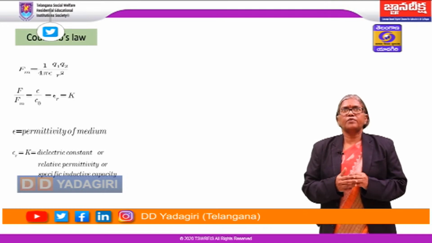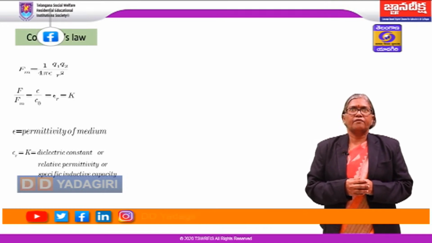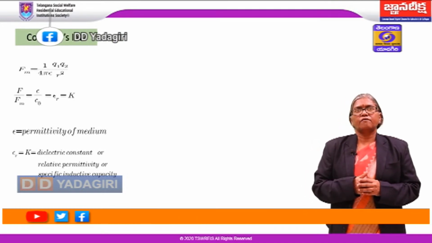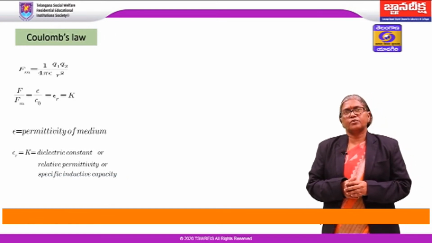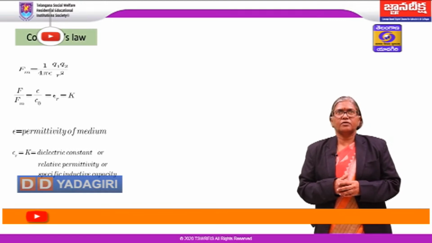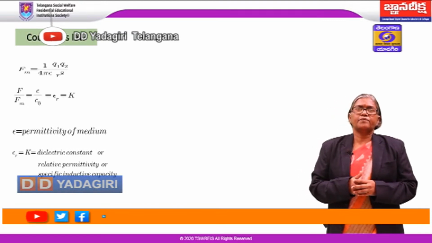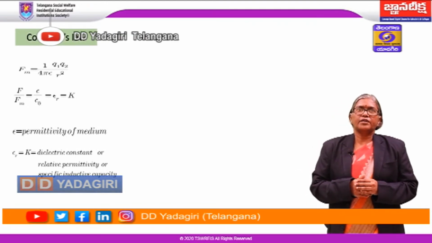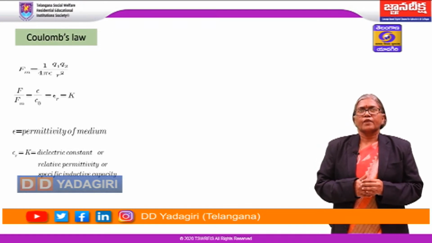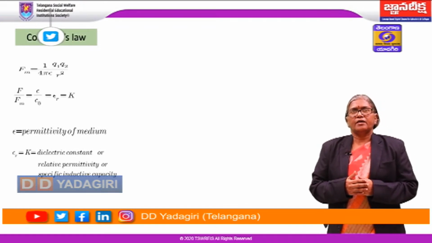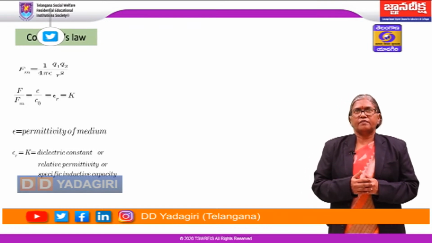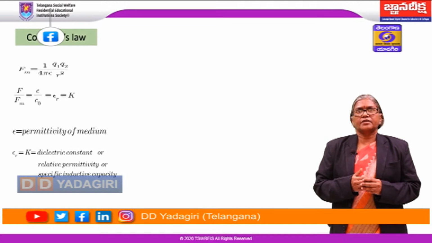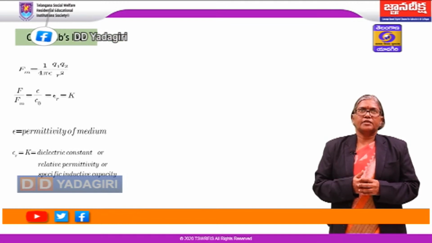If we divide the force between charges when kept in free space by the force when kept in medium, we get F by Fm is equal to epsilon by epsilon naught. This ratio is called epsilon R and also indicated with the letter K. So epsilon R or K is called dielectric constant or relative permittivity or specific inductive capacity.